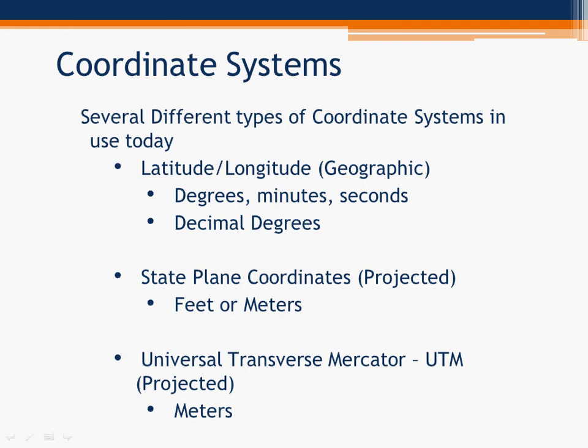But again, it is a system that divides the Earth into these 60 equal zones of 6 degrees of longitude, and then uses those 0 or 10 million or 500,000 meter locations as the reference lines for measuring coordinates in the positive, so that there are no negative coordinates within any of those different zones.